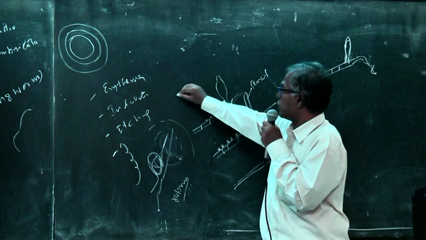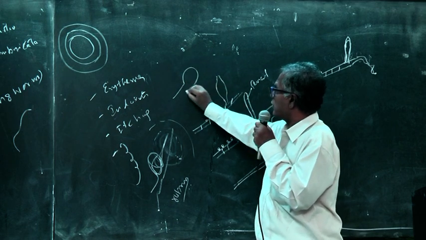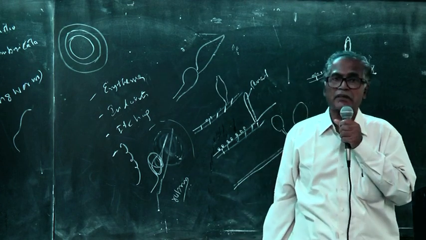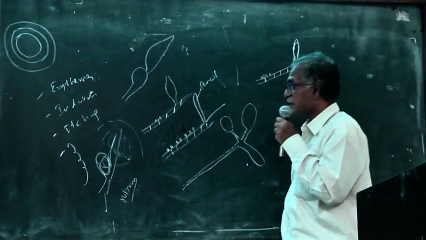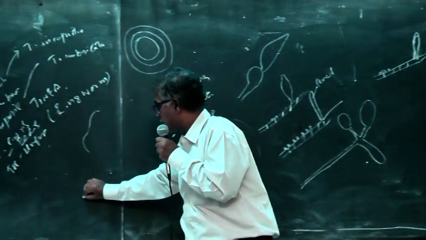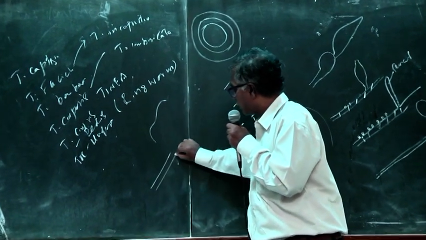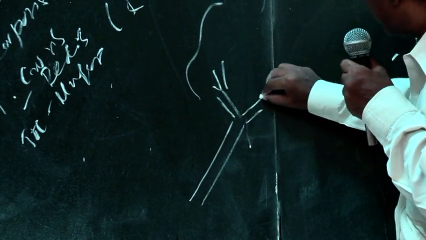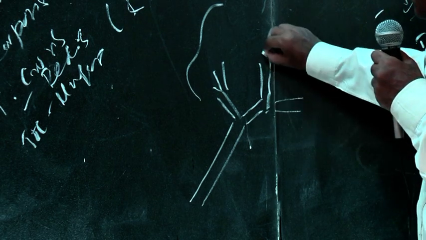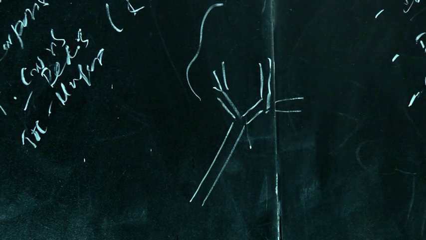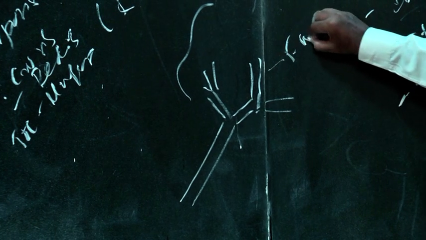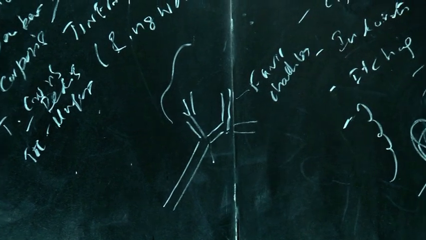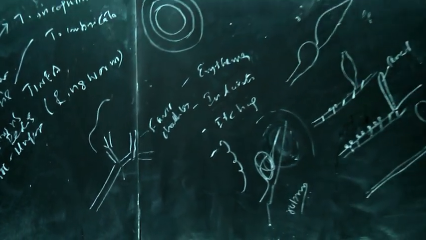In Trichophyton rubrum, it ends in a bulge like a bulb, a tennis racket hyphae. In Trichophyton schoenleinii, the ends of the hyphae show branching, like a chandelier hanging from the roof, so it is called the favic chandelier. So these are the different hyphae seen in the Trichophyton group.